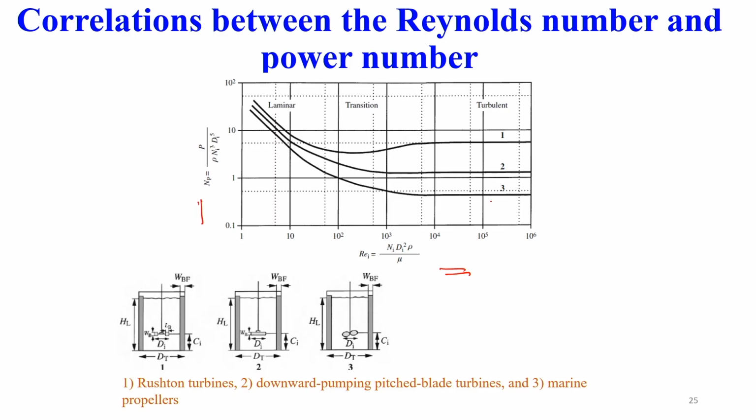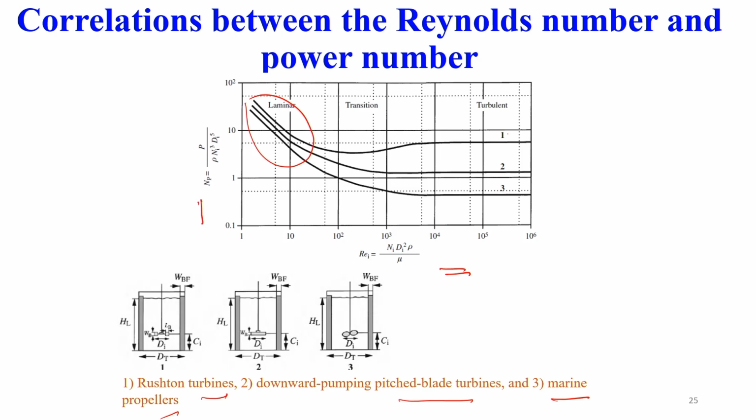Now, if we increase the Reynolds number, how does the power number vary? You just see in the turbulent region, power number is constant, but in the laminar region, it follows a linear trend, followed by transition and turbulent. In addition, it is important to note one is Rushton turbine, two is pitched blade turbine, and third is marine propeller. So, for different types of impellers, you can see there are different curves here.